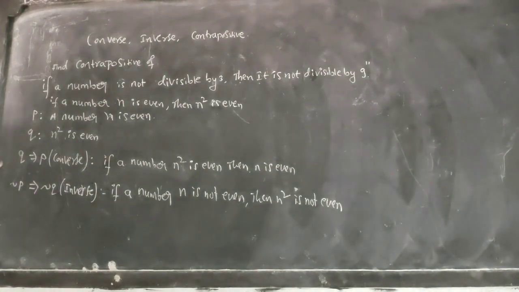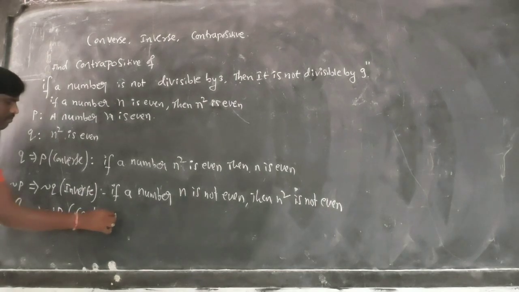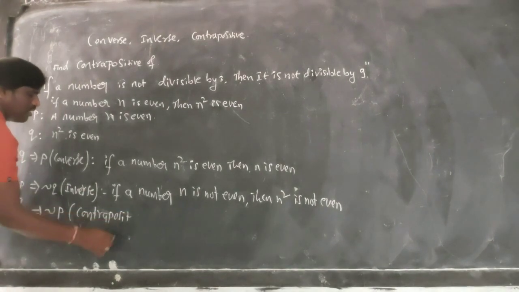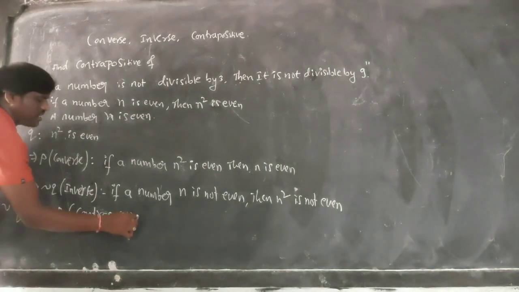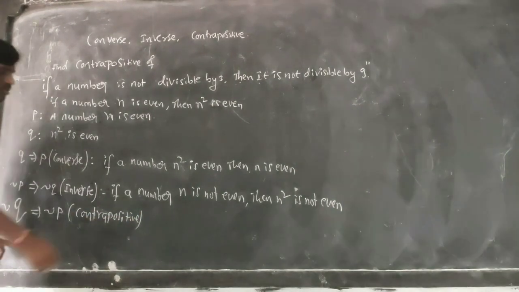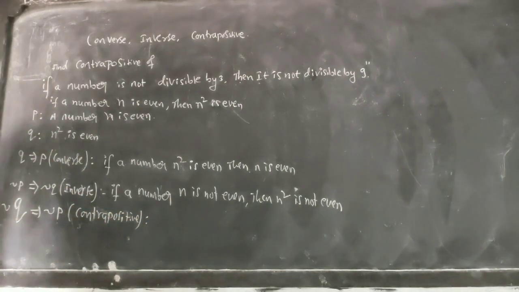Converse is over, inverse is over, next is the contrapositive. Contrapositive means negation Q implies negation P. This is the most important one, and based on this, JEE Mains asked 2 to 3 questions. What will we write here?